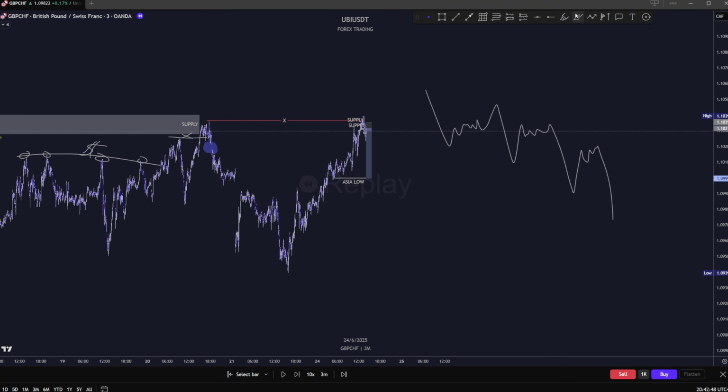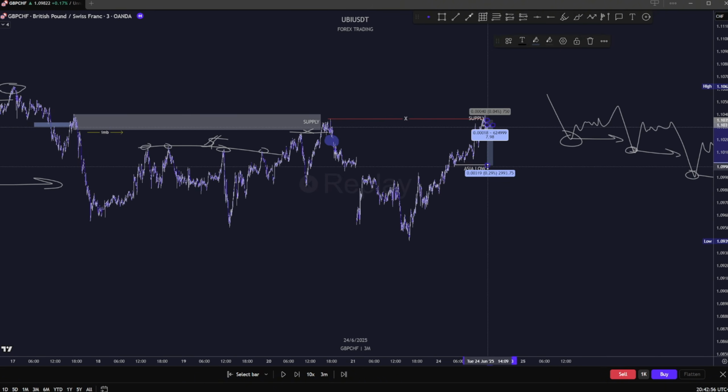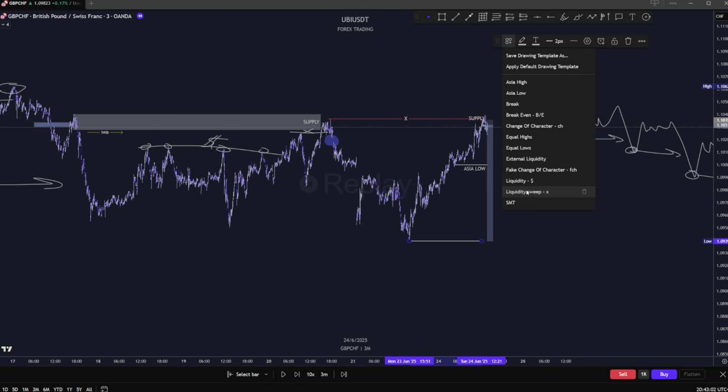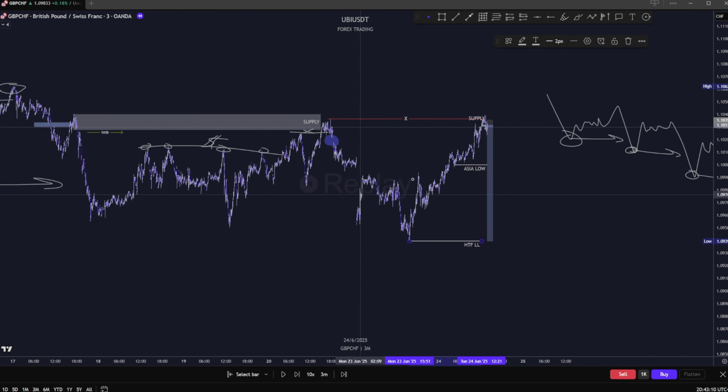So price is always taking out higher time frame lows, higher time frame lows, higher time frame lows. With this logic, you can also target the lows right here. Why? Because this is our external liquidity and this is our lower low. So let me mark the major, higher time frame lower low. And we know we have a very short flow. Price also gave us a major breakout structure right here.